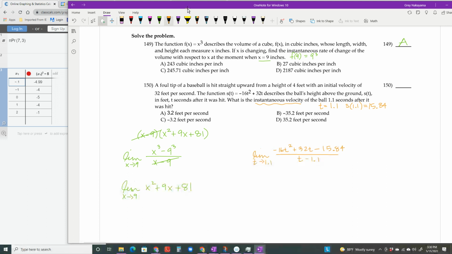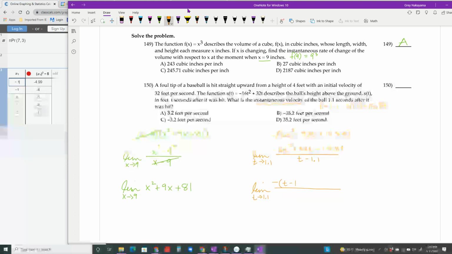I'm going to factor out that negative, and that's going to give me 16t squared minus 32t plus 15.84. So when I factor on this next step, I'm going to have the limit as t approaches 1.1. I have my negative.